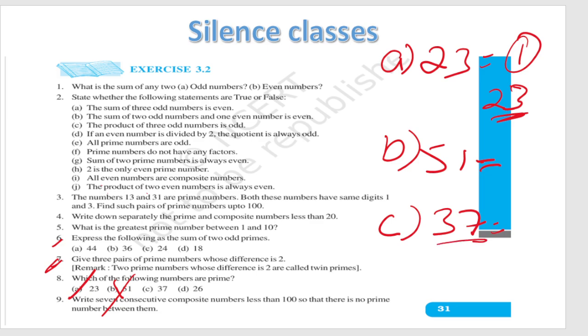It is not divisible by 4 as well. We cannot divide 37 by 5 because the last digit is 7. We cannot divide it by 6 or by 7 as well. So 37 is also a prime number.